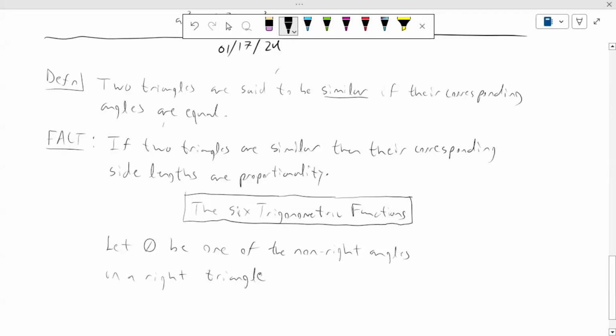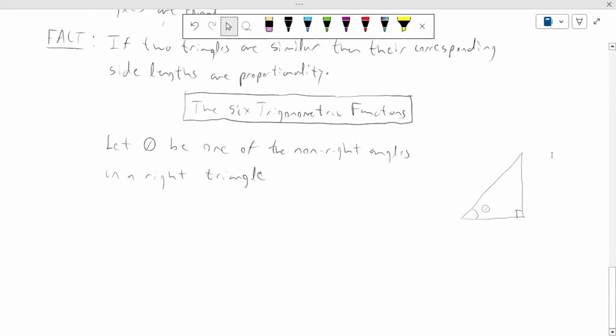Okay. And we know that there are 2 angles which are not right, so we're going to let this be just one of those angles, okay? So let's just draw a picture. Drawing a picture is always fun, okay? There we go. So we have this nice right angle over here, and then maybe I'll draw a theta over here, okay? We'll add to this picture in just a second. So there we have it.